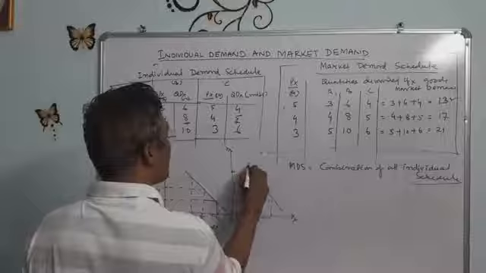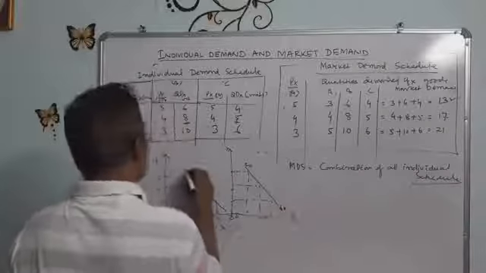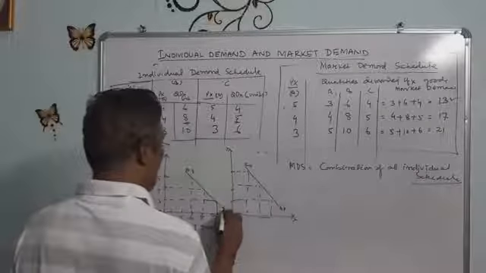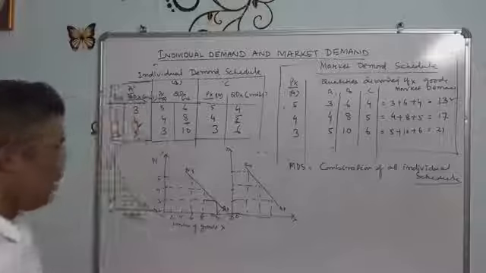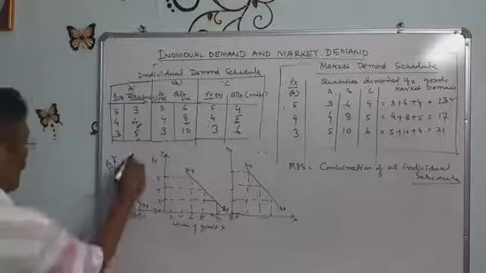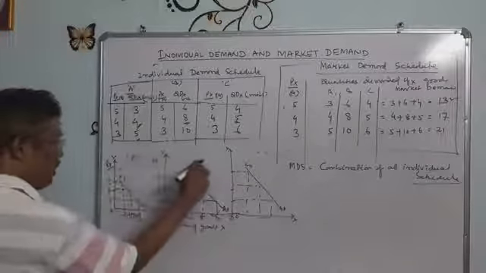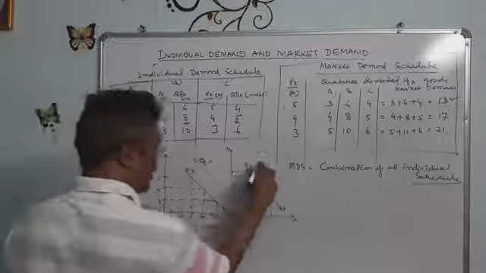This is C's demand curve, this is B's demand curve, and this is A's individual curve.